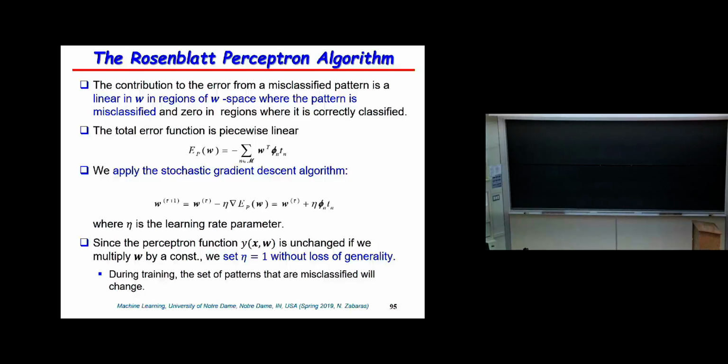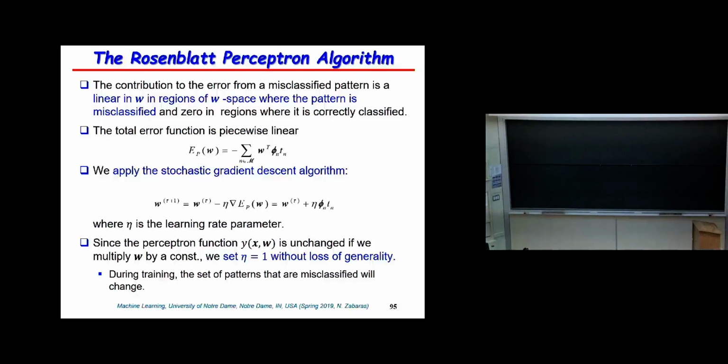You agree? Because we will be updating one point at a time, the contribution from point n would be, with a minus and a minus there, eta times phi n Tn. For simplicity, let's take eta equal to 1. So the update equals the previous values of the parameters plus phi n times Tn.